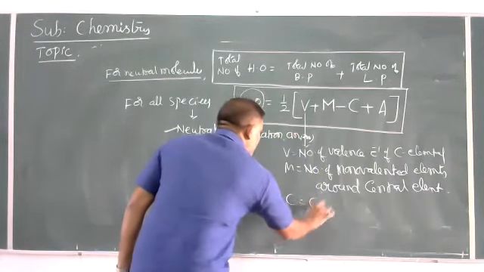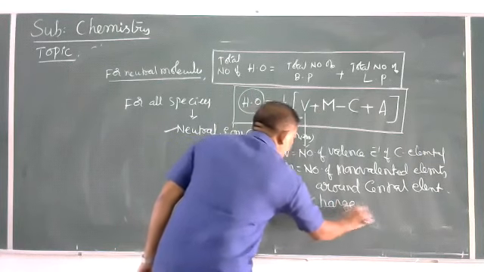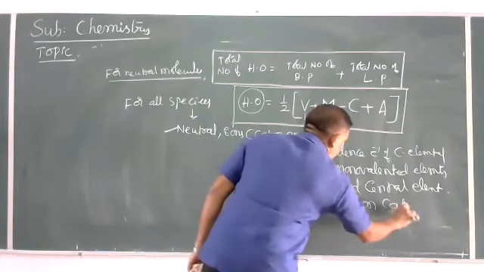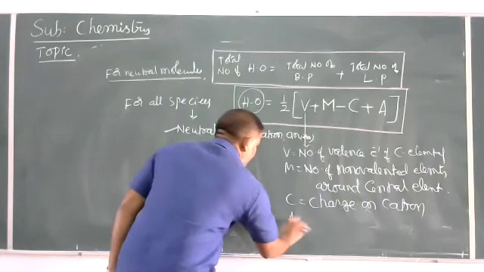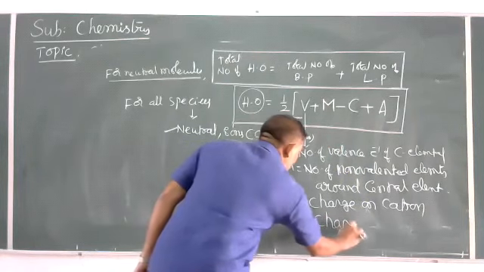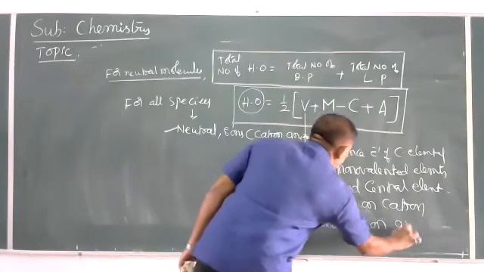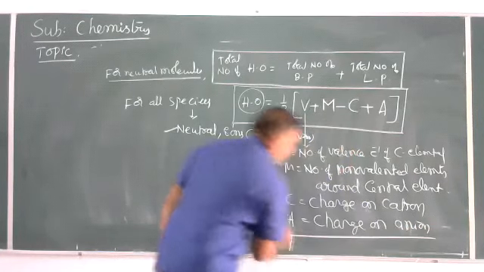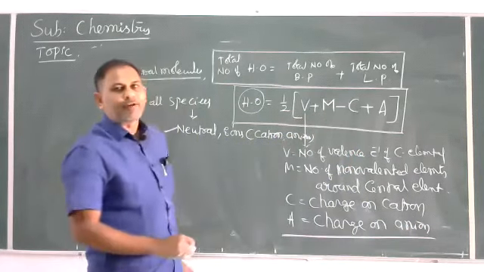C is the charge on the cation, and A is the charge on the anion. So better remember these two important formulas.